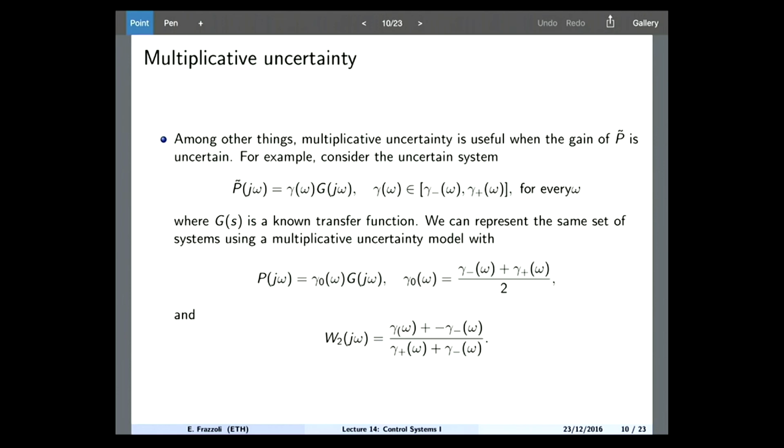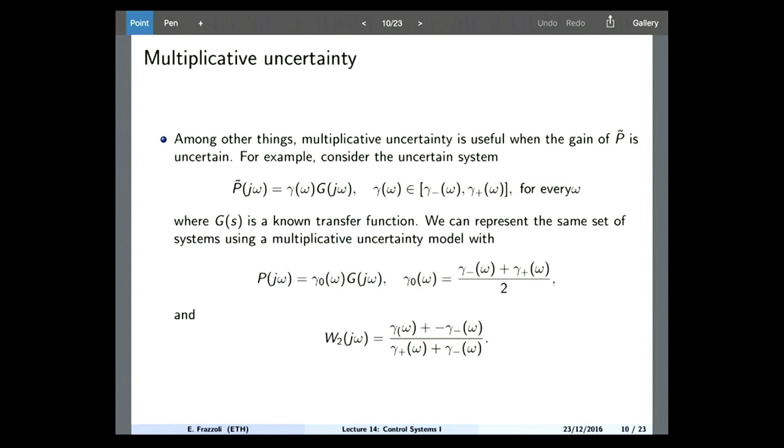Let's choose gamma naught to be the mean value of my bounds for gamma. So now my nominal transfer function will be given by that average value of gamma, so my luggage in the trunk will weigh 250 kilograms, times my known transfer function.